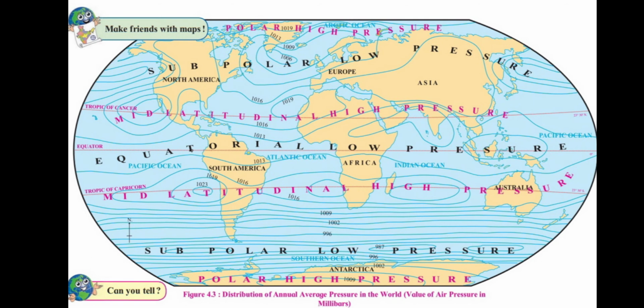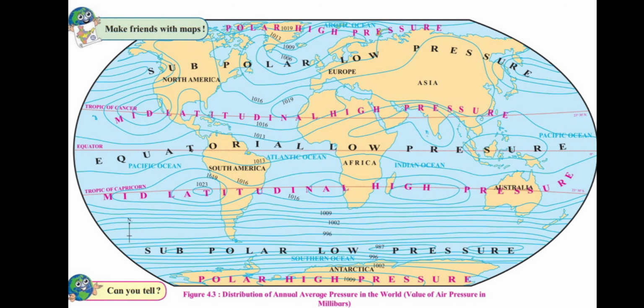What do those numbers show, or what does that line show to you? Anyone guess? Okay. Now listen carefully. These numbers are given in millibars. These numbers show the millibar, or the air pressure. How much air pressure is there?